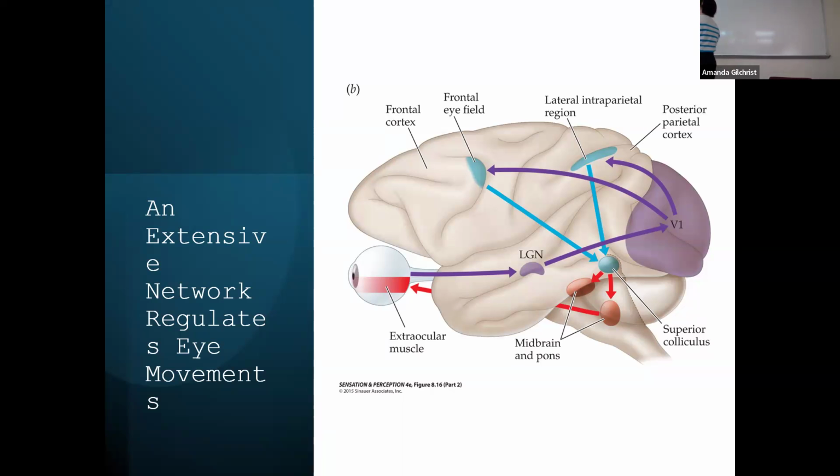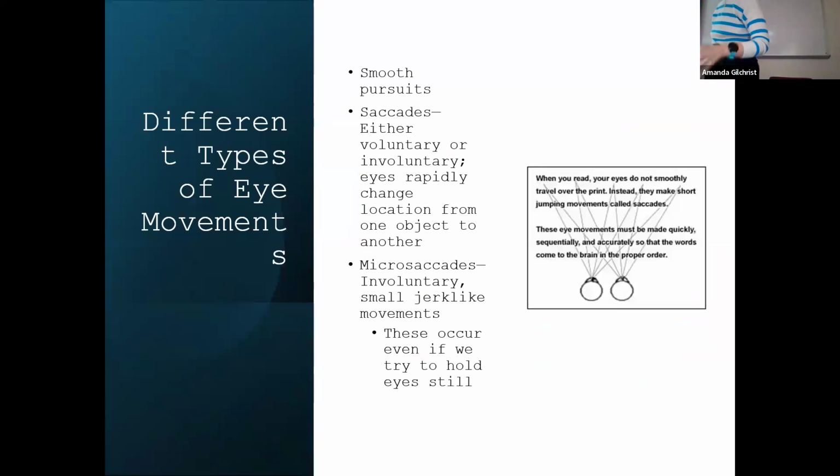And then we're going to have areas like the frontal eye fields and the lateral intraparietal region for those more voluntary movements that are not reflexive in nature. Really, the big take-home message here is that it's a pretty big network that helps regulate these, including the visual system.